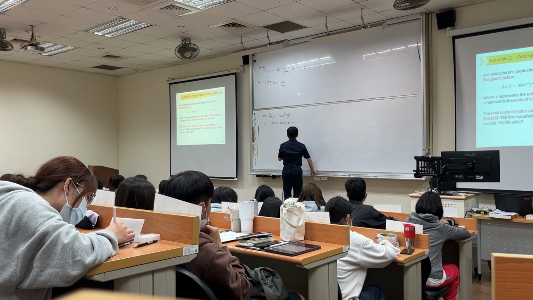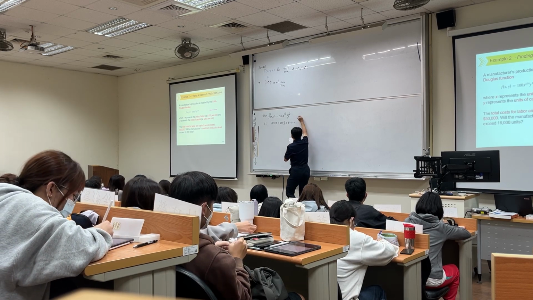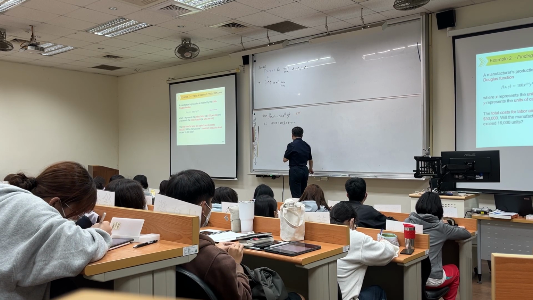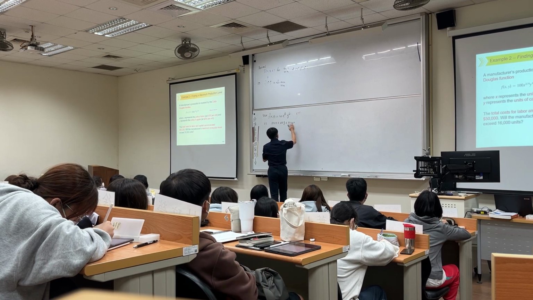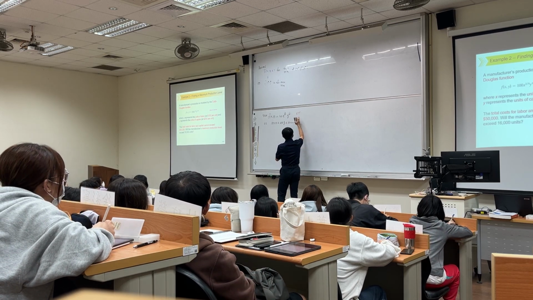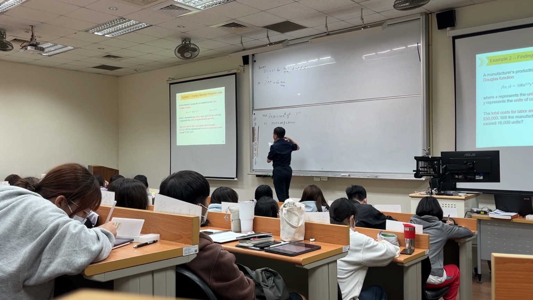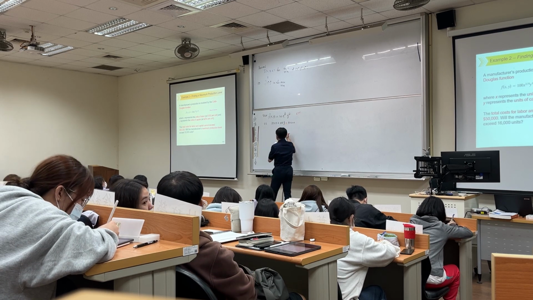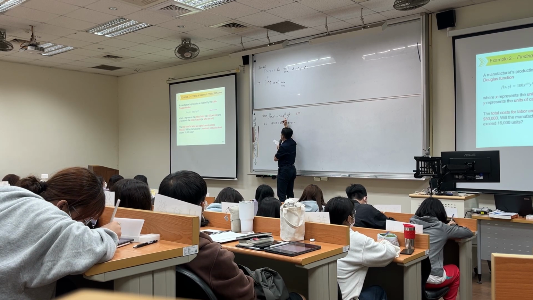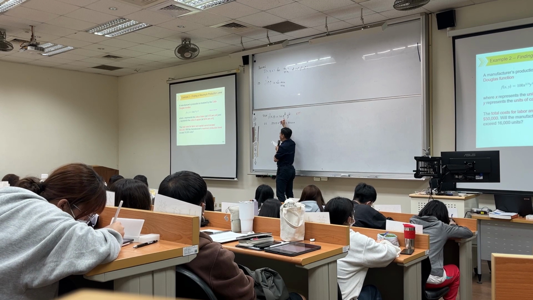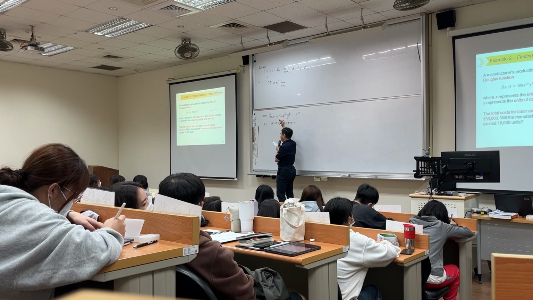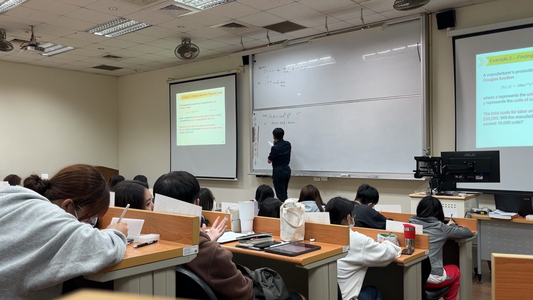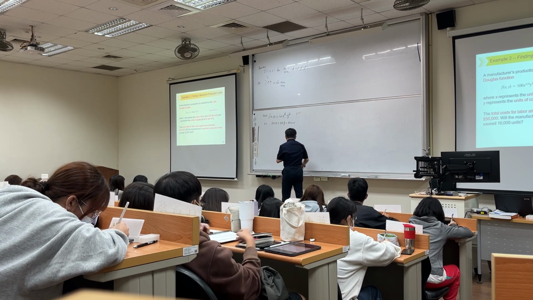To solve an inequality constraint optimization, you need the KKT conditions. I forgot what the K's stand for, but anyway, here you can just simply assume it's equal, because when you get the maximum, x and y will satisfy 150x plus 250y equal to 50,000.